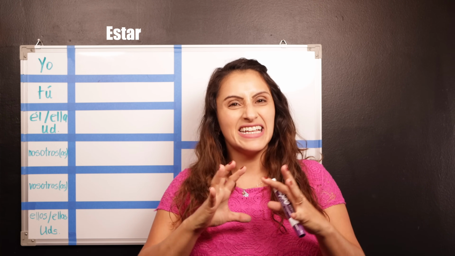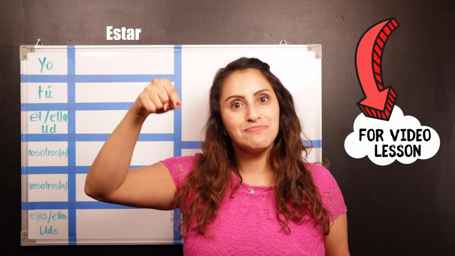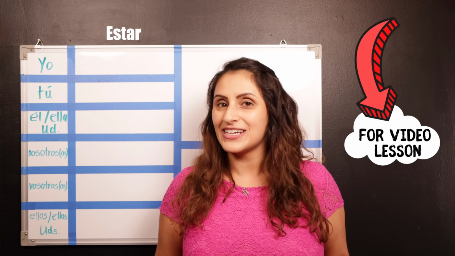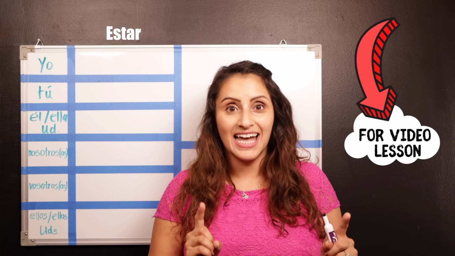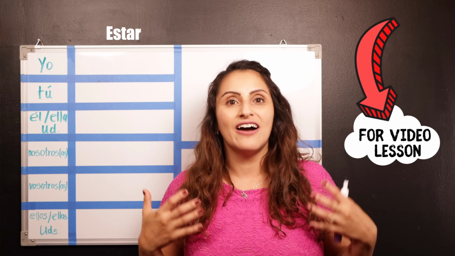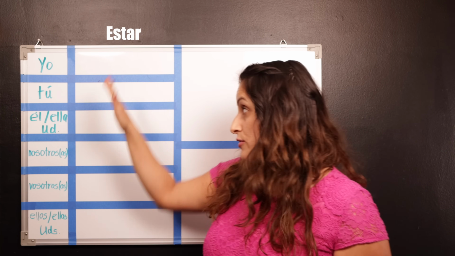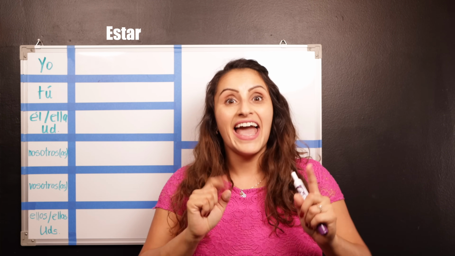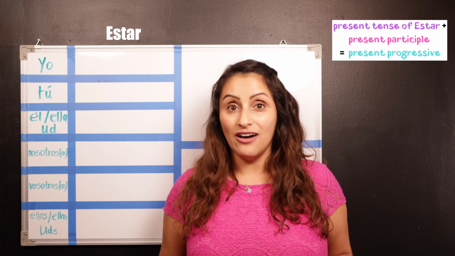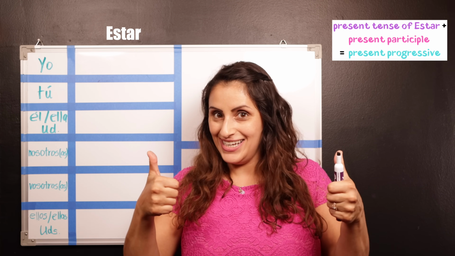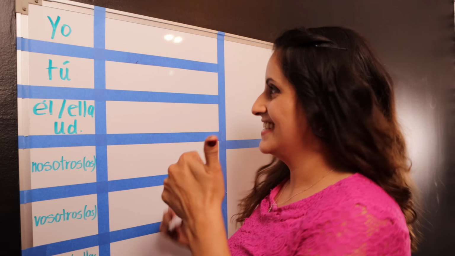And again, if you need an in-depth lesson, look below. There will be a link to the conjugations of the verb estar and a little bit more of a video lesson. Right now, we are going to quickly go through the conjugations so we have that part of our formula. Good? Perfect. Perfecto.